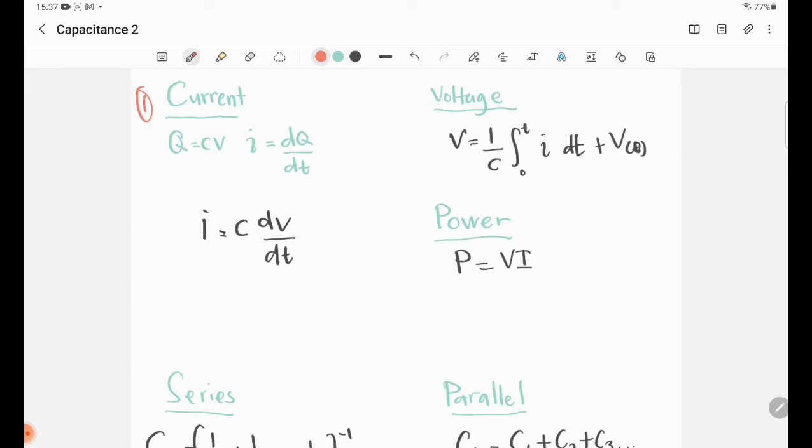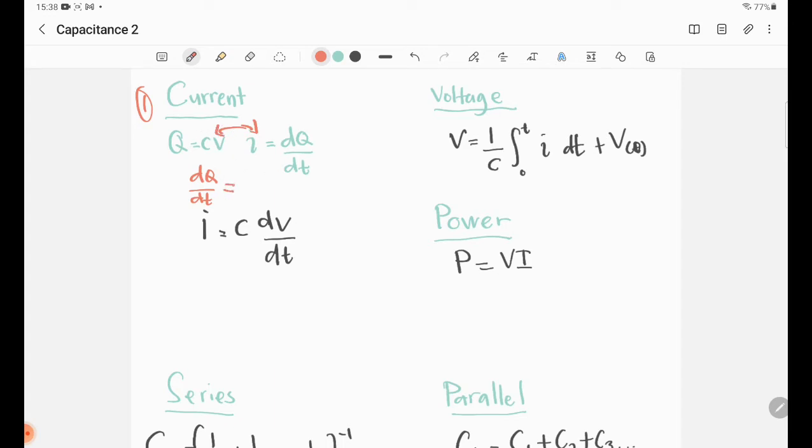We have learned before that charge Q equals CV, and the current I is the flow of charge, so you can replace it with dq over dt. We will use these two equations.